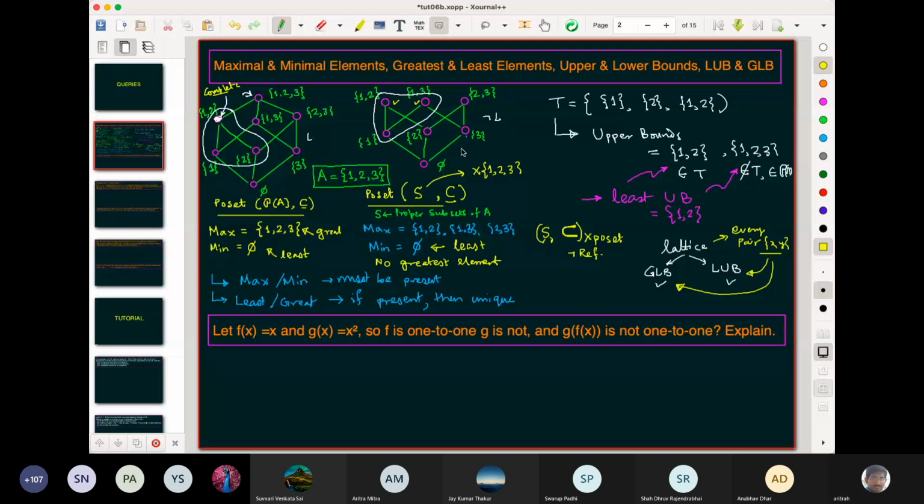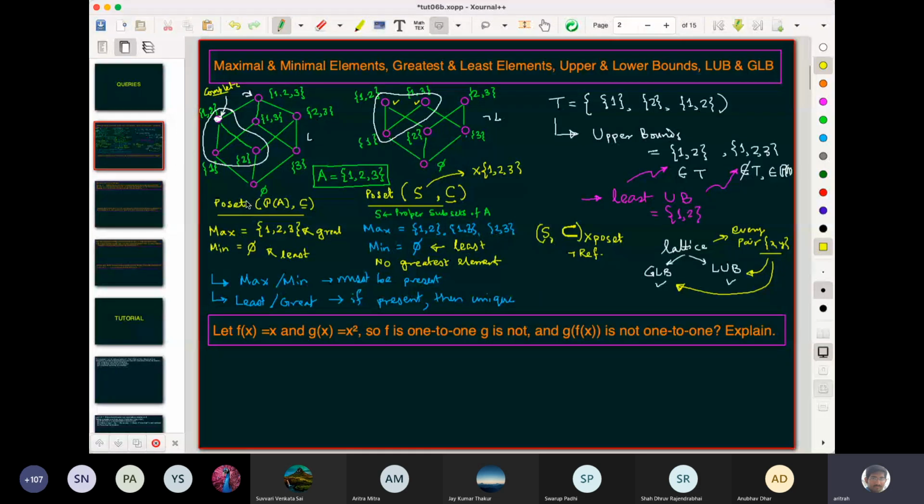If every subset has a greatest lower bound and a least upper bound, then obviously every pair has, because a pair is also a subset. But it may be the case that every pair has this condition, meaning that something is a lattice but not a complete lattice.